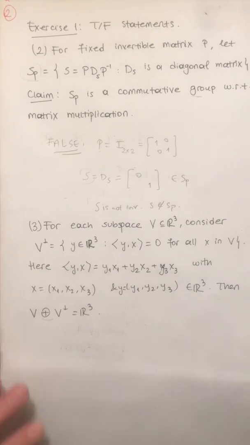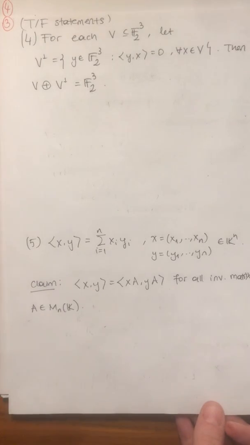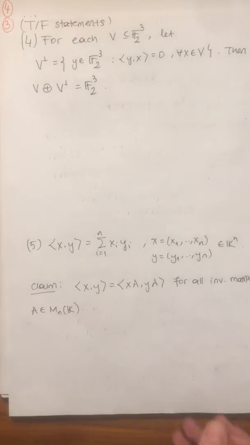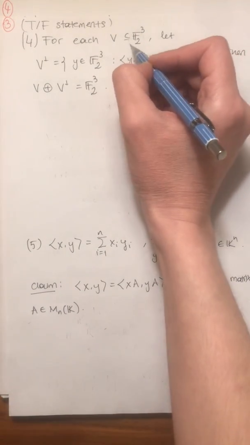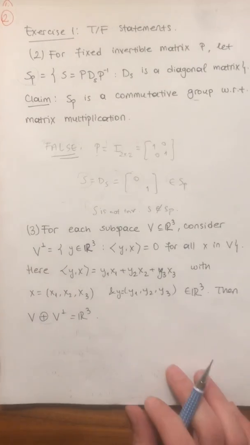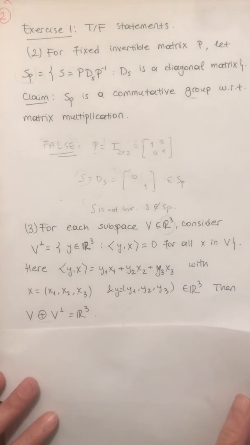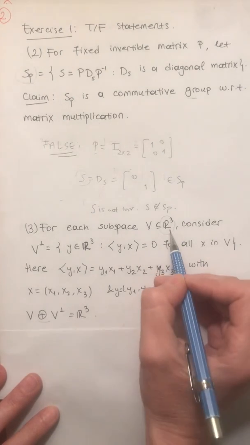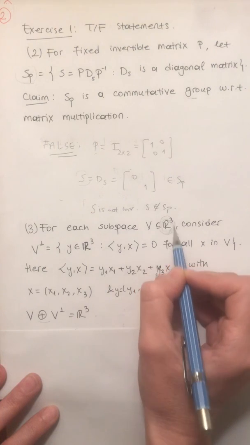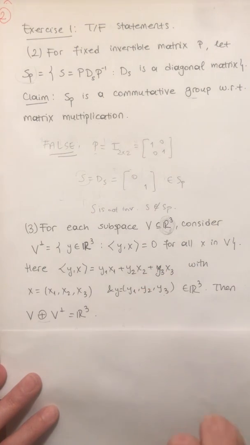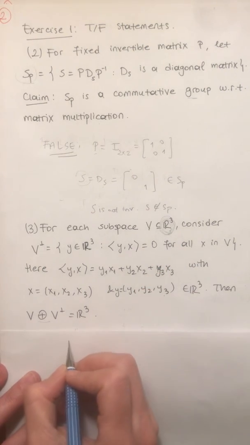And yes, the third and the fourth statement are almost the same, the only difference is the base field. In this statement, we want to understand what's going on when we fix our base field as real numbers.